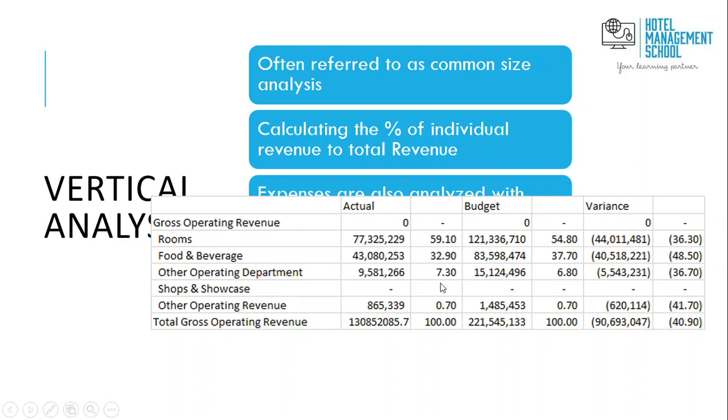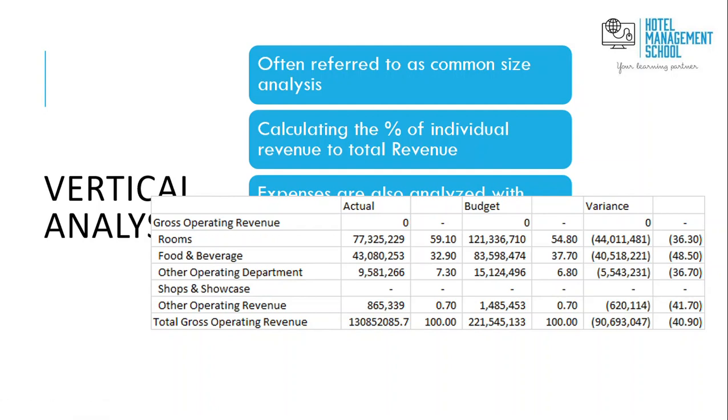So in this case, we can see that even though the room department is dropping, its overall contribution to the total revenue is still far better than the previous year because of the drop in contribution from food and beverage. So food and beverage is really the big problem here for two reasons: it is dropping faster, and its contribution to the total revenue is also dropping.